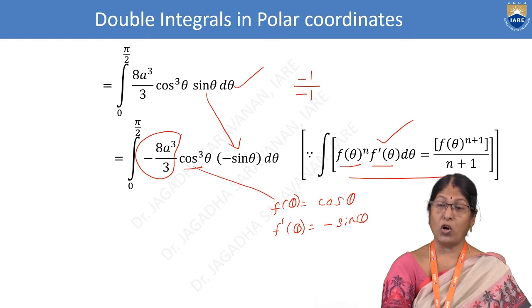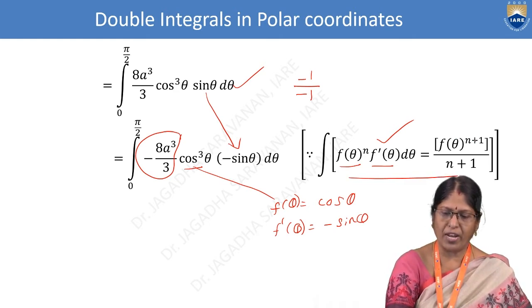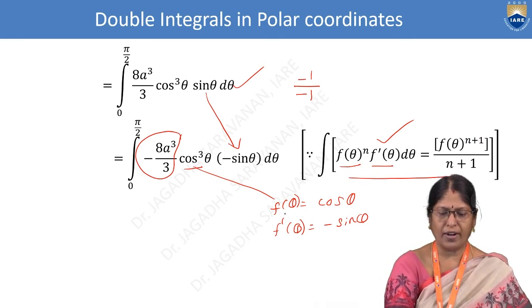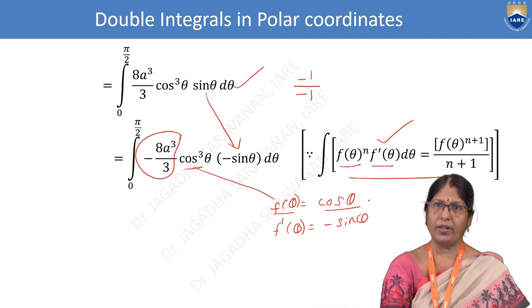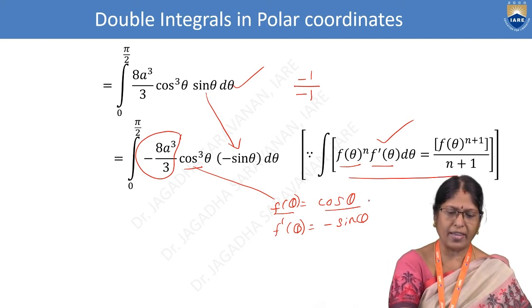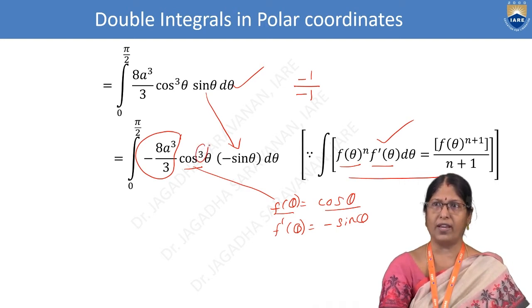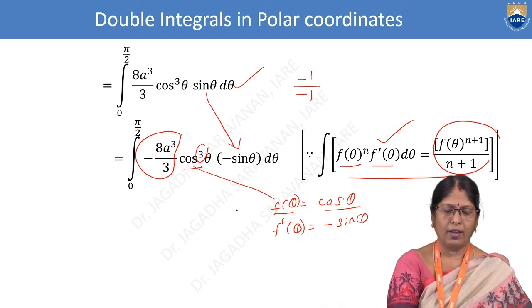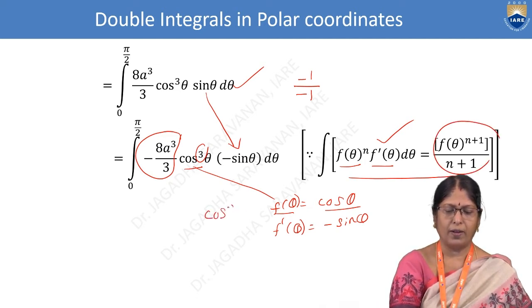Now, according to this formula, f of theta power n plus 1. If we are taking f of theta equal to cos theta, here n is 3, then substituting, cos theta power 3 plus 1 by 3 plus 1.